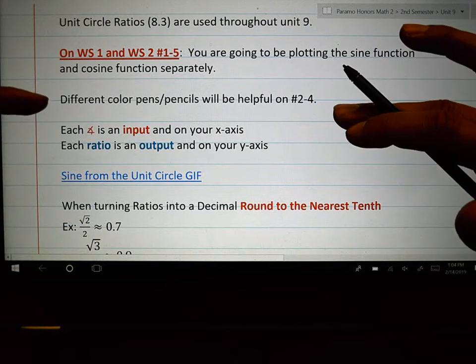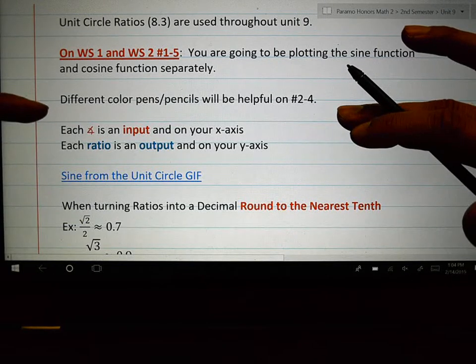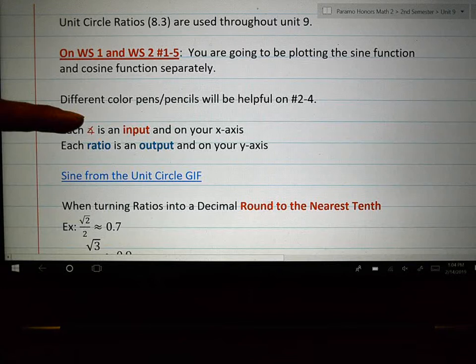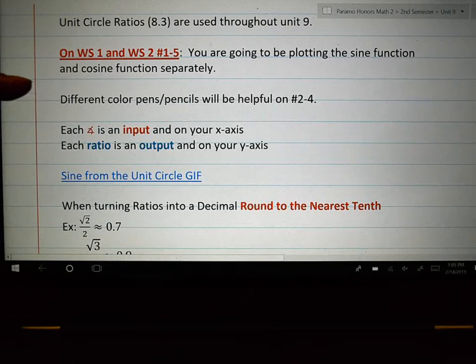But first and foremost, as you do Worksheets 1 and 2, having different color pens and pencils will be helpful, especially on numbers 2, 3, and 4. Number 1 on Worksheet 1 you can do in pencil. When you get to problem number 2, on the back side of the page, it's going to say choose a different color.